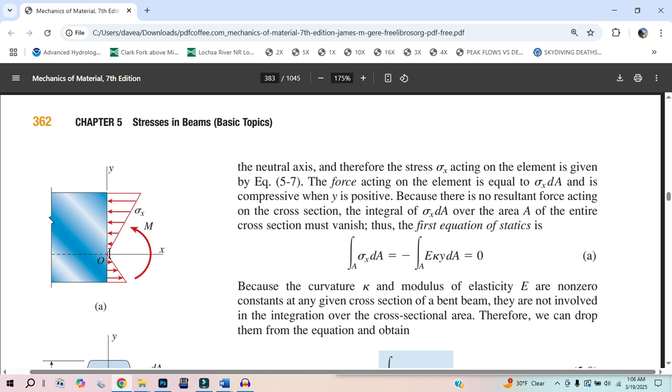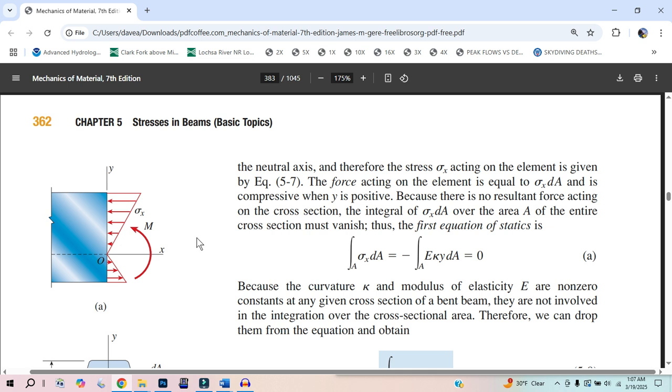And I could say this is positive, the y is positive, the area is positive. That's going to cause a force this way, a distance this way. It's going to cause a leverage this way. The moment is going to be, with the right-hand rule, a negative moment.